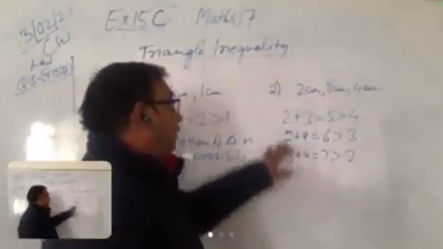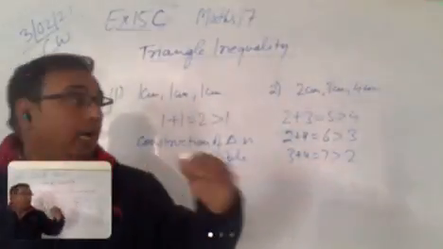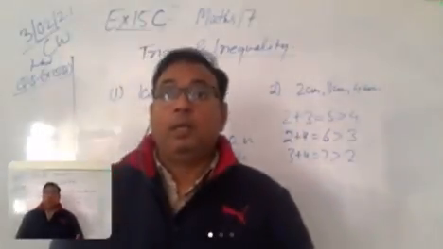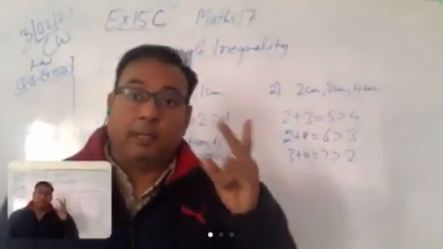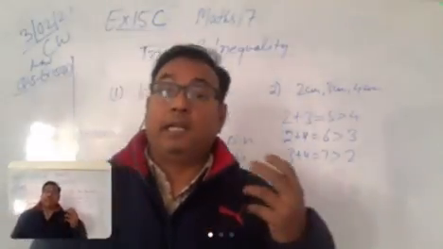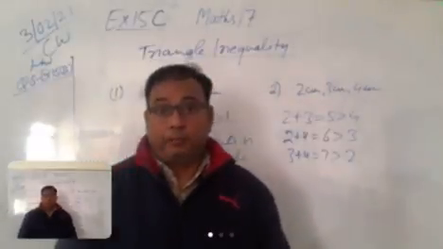You have to say that the construction of triangle is possible because the sum of the lengths of two sides is always greater than the third side. Then the construction of triangle is possible.